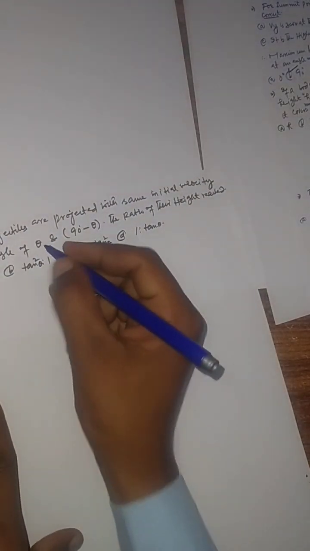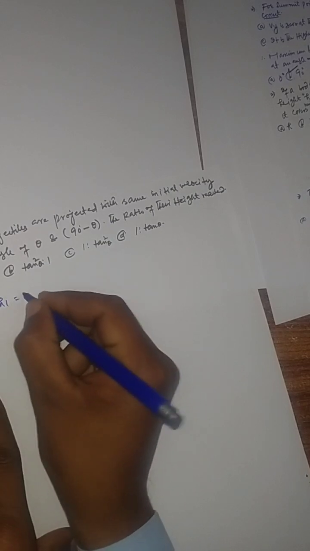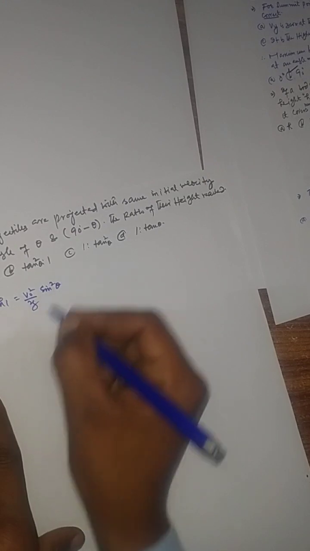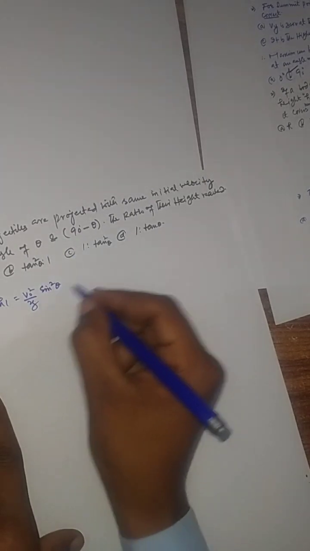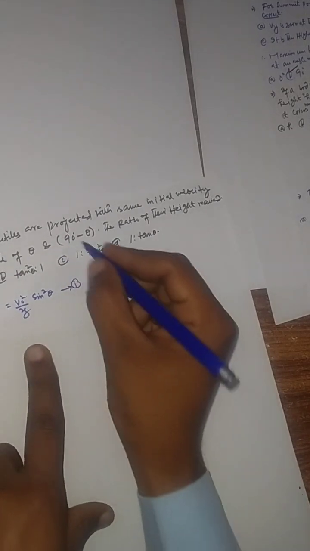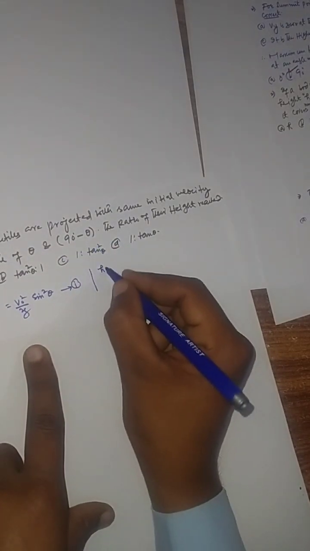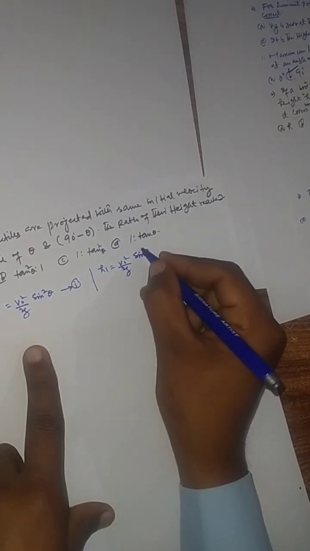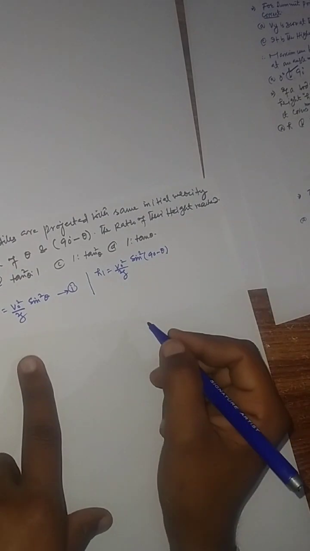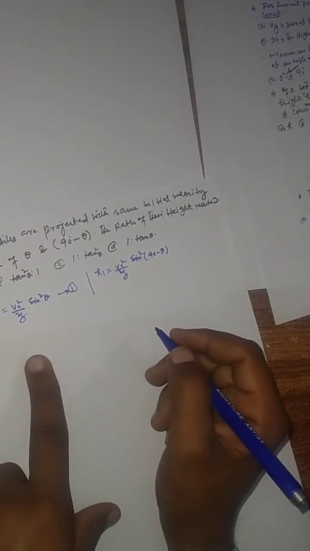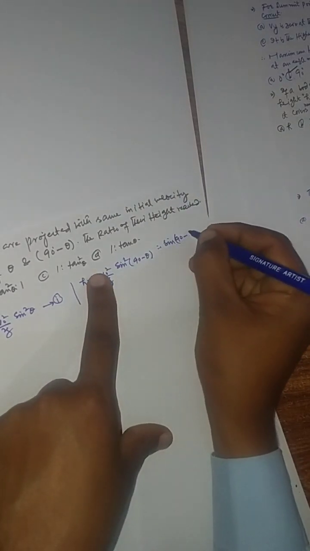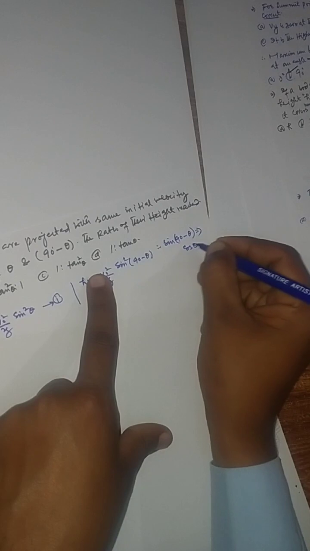Let us see that two projectiles are projected at an angle theta. h1 is equal to v naught square over 2g and sine square theta. Let's say this is equation 1, and the other projectile is projected at an angle of 90 minus theta, and we know that sine 90 minus theta is equal to cos theta.